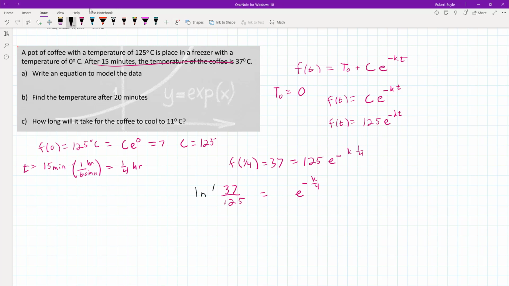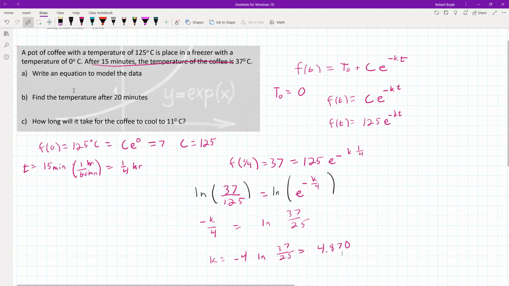This will give us that minus k over 4 is equal to the natural log of 37 over 125, or that k is equal to negative 4 times the natural log of 37 over 125, which, by the way, is equal to 4.870. Okay, so that's part A.